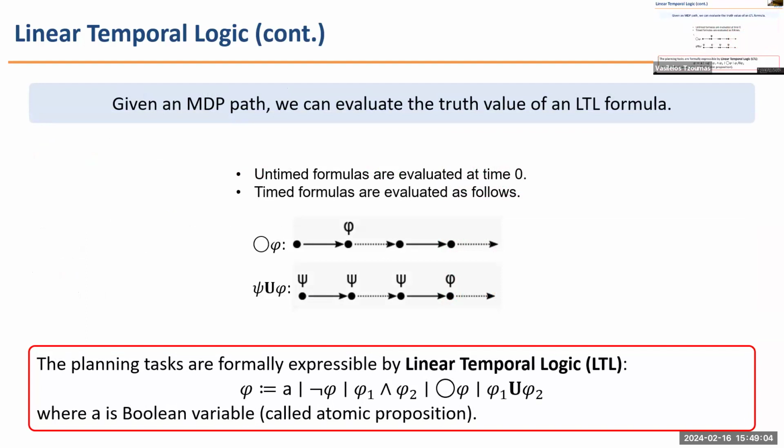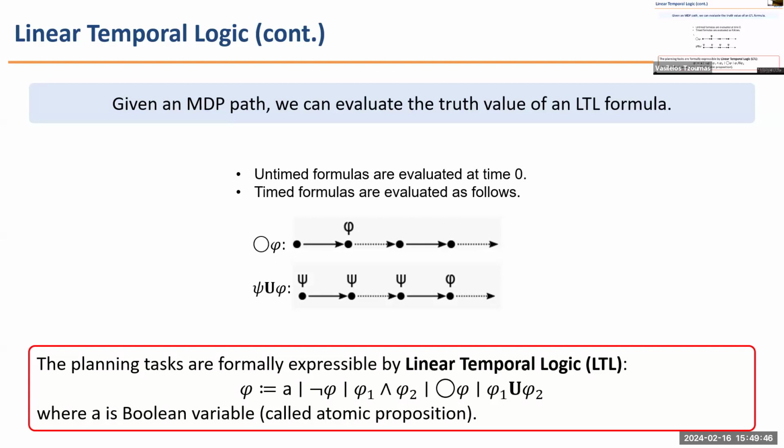When you write down any arbitrary linear temporal logic expression, the truth value of each LTL formula can be evaluated on a sequence of events. When you are moving on a Markov decision process, you go through a sequence of states, that sequence of states generates a sequence of labels, and you can validate whether the formula is true or not on that sequence following the semantics.